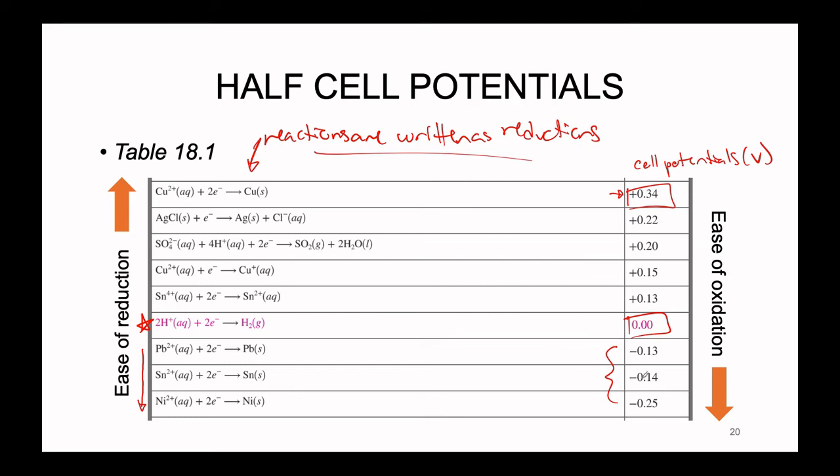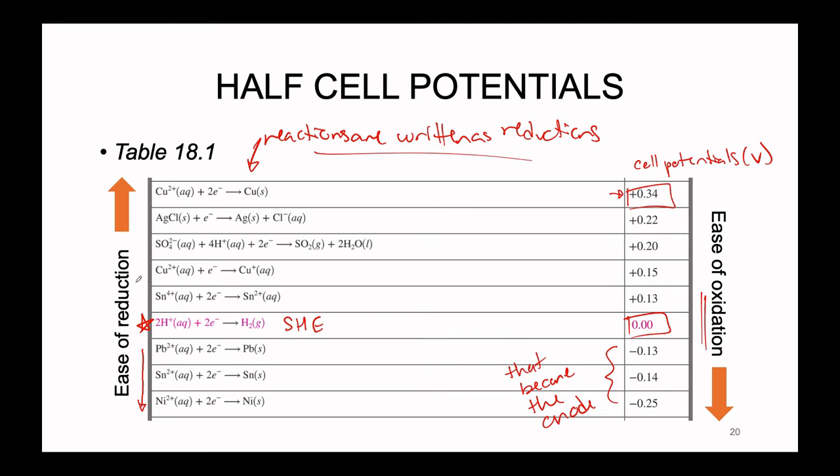When we are looking at these negative cell potentials down below, these are substances that become the anode. These are more easily oxidized. And so the entire table is organized based off of how easy it is for the material to be reduced versus how easy it is for the material to be oxidized, all standard to the standard hydrogen electrode, which is in the center of the table.